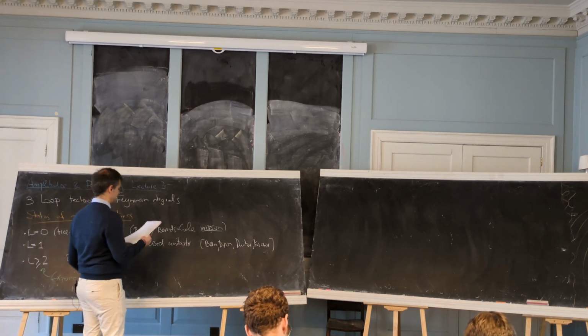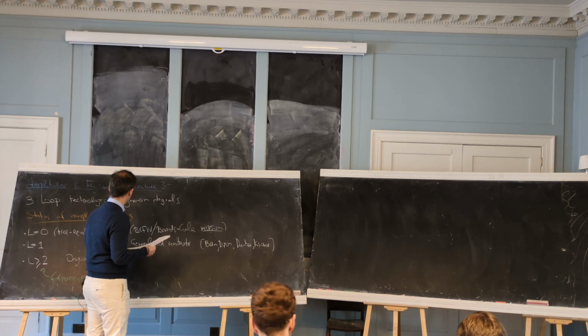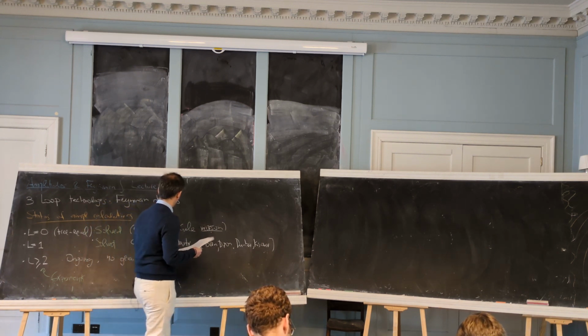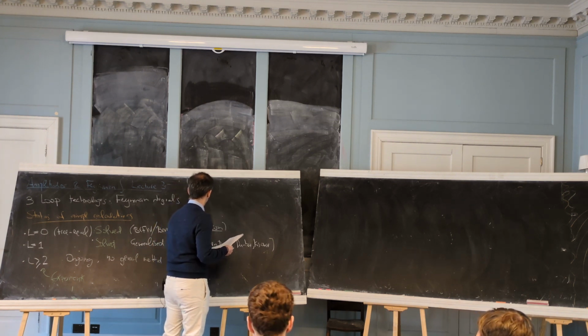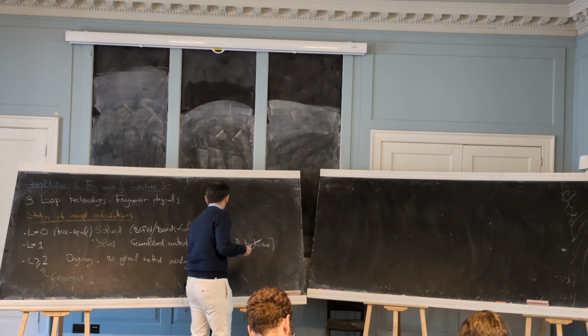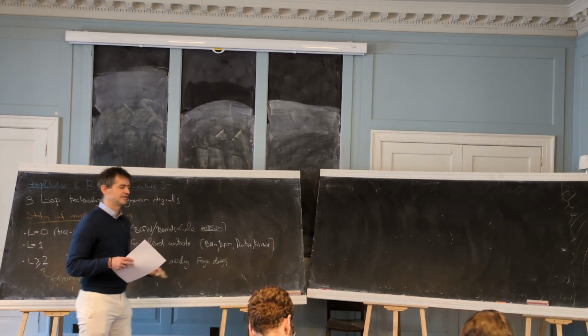And unfortunately, there is no general method avoiding Feynman diagrams. So generalized unitarity avoids them to a great extent.